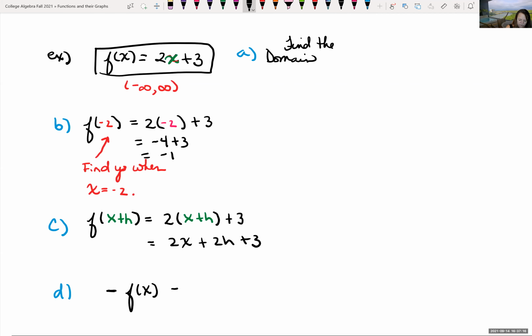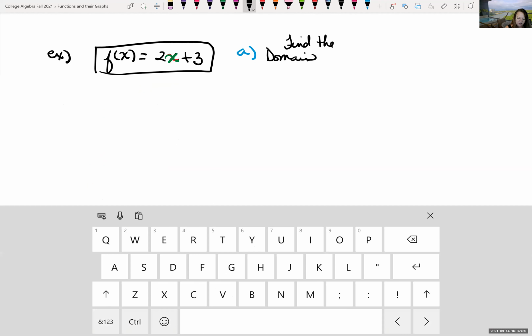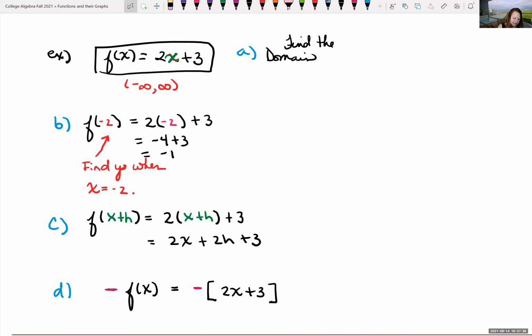All that's telling you to do is multiply my f of x function by -1. So this would be negative of what my f of x function was, which is 2x plus 3. So this is like distributing a -1 inside my brackets. So this would give me negative 2x minus 3.